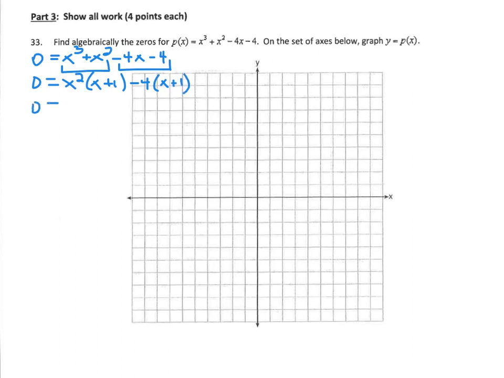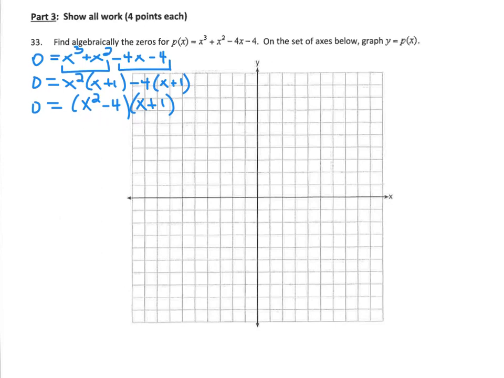Okay, so I'll bring down the 0 equals, and now I'm going to take this x squared and the negative 4, and I'll group them together in one set of parentheses. And I will rewrite this common binomial that we see here once. Okay, so x plus 1 we write once. Now you could make a t-chart at this point if you want, but I like to always factor further if we can.